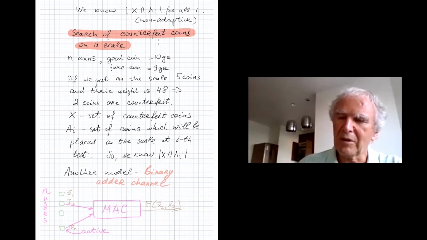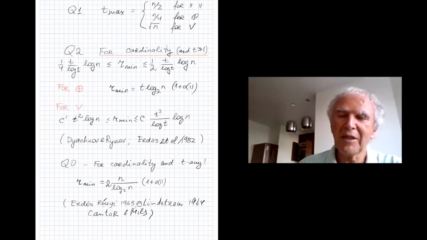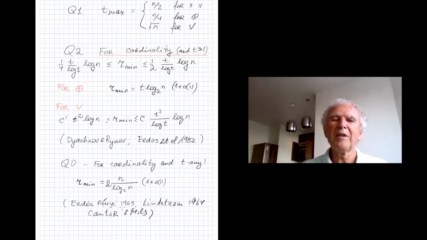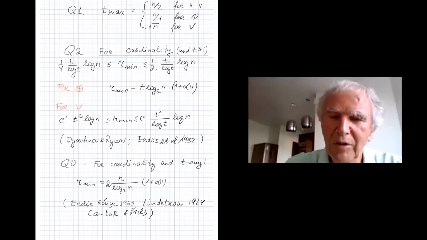People came up with such an Olympiad-type problem. Imagine that you have n coins. And it's known that a good coin weighs 10 grams and a fake coin is 9 grams.